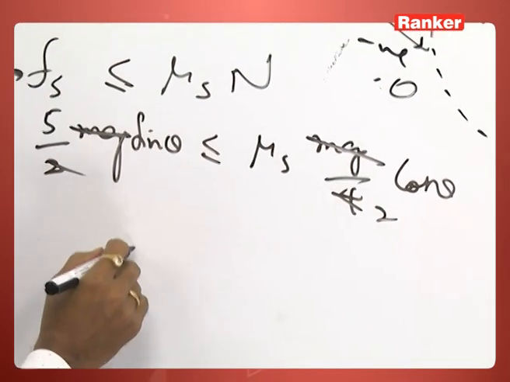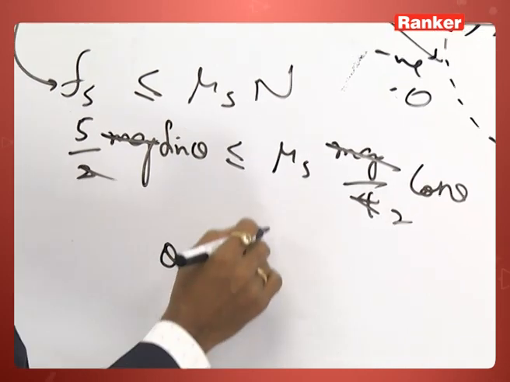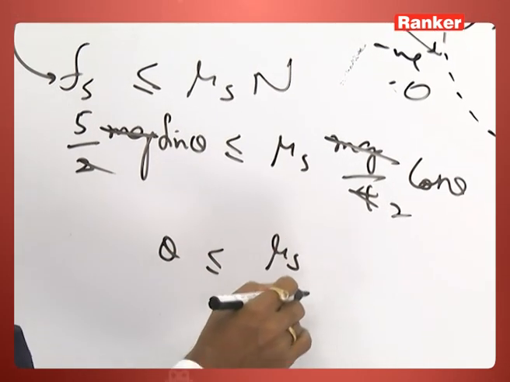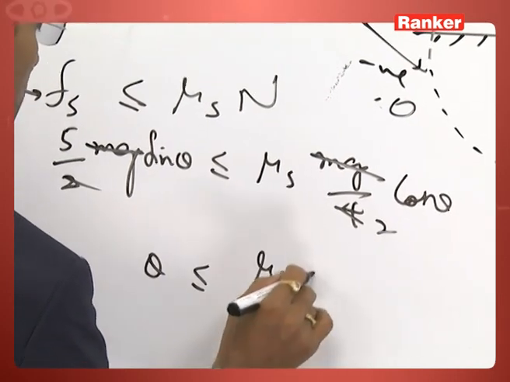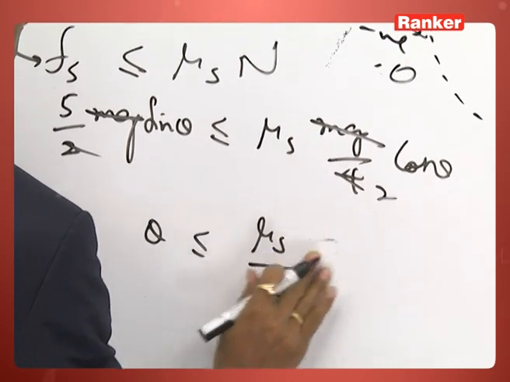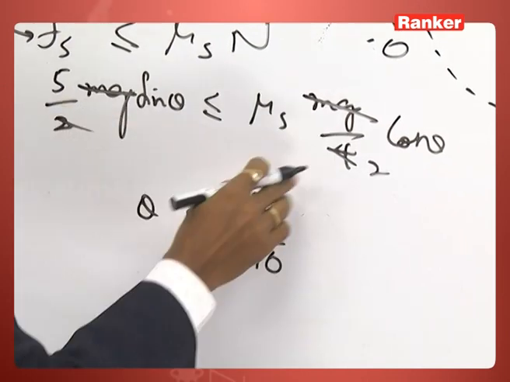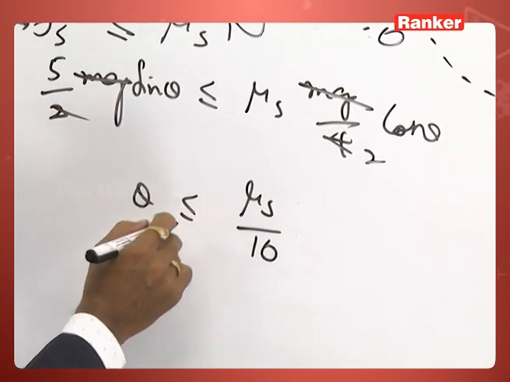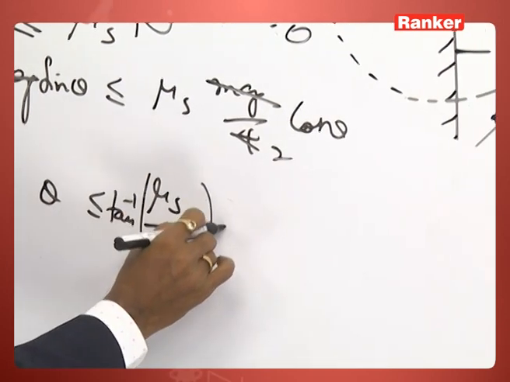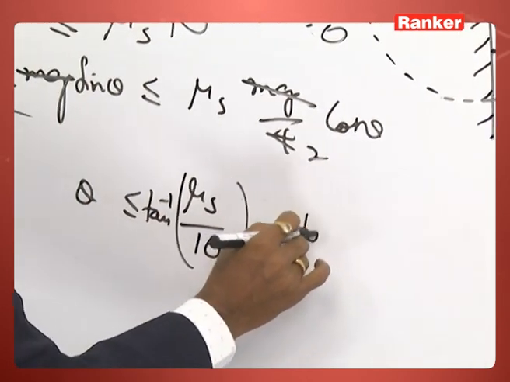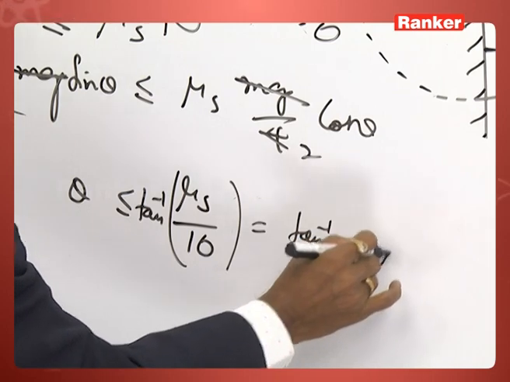So you are getting tan theta is less than or equal to mu s by 10, or theta is less than or equal to tan inverse 0.1 mu s.